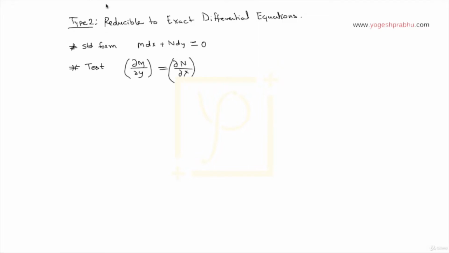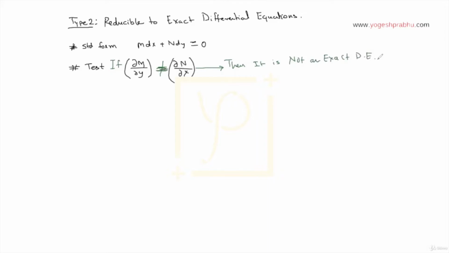Now what is going to happen in type 2 is, if this test fails, that if your ∂M/∂y is not equal to ∂N/∂x, then obviously it is not an exact differential equation.